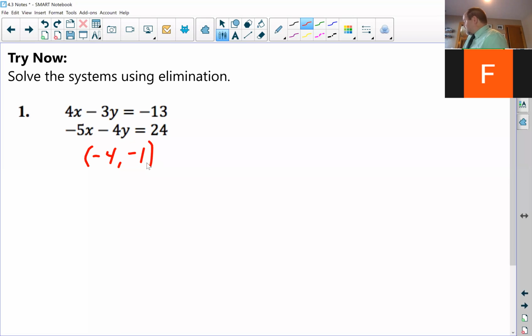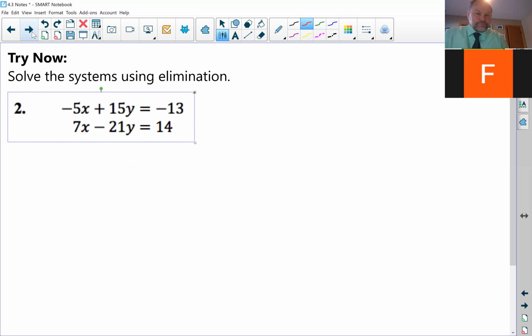Do we need to take a look at that solution? Okay. Then number 2, this one was no solution.